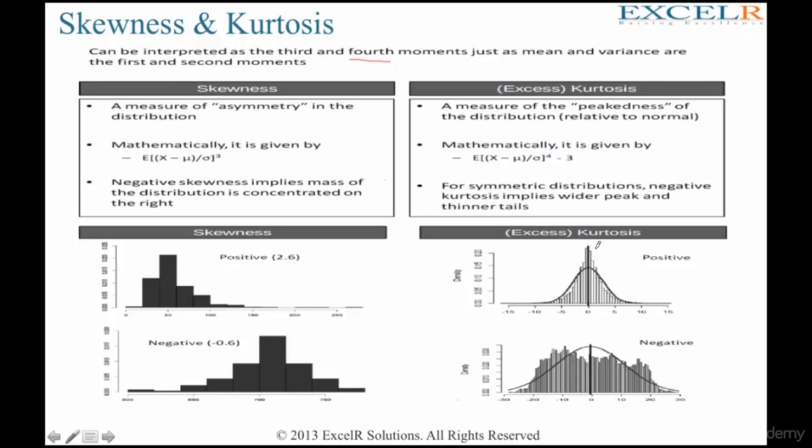So let us understand this kurtosis now. Here, if you get a positive kurtosis value, you will have a thin peak there. What does this mean? Let me explain this from the retail market perspective.